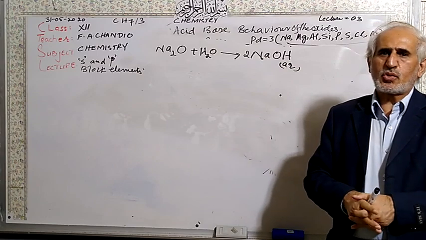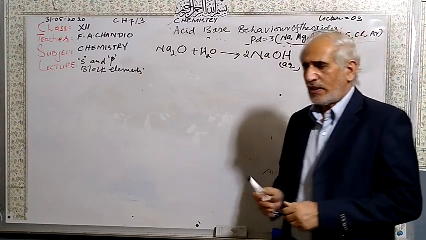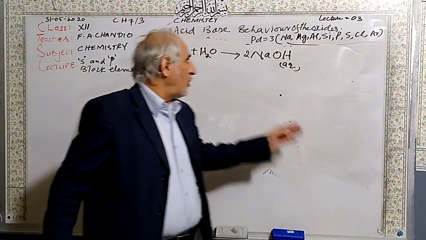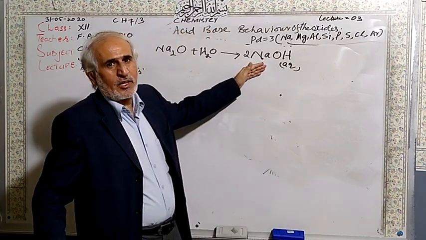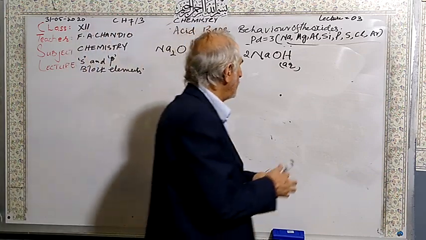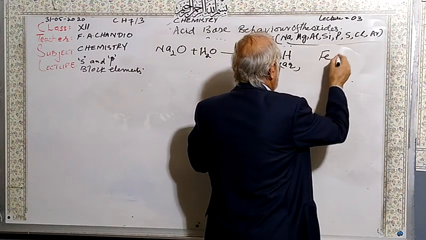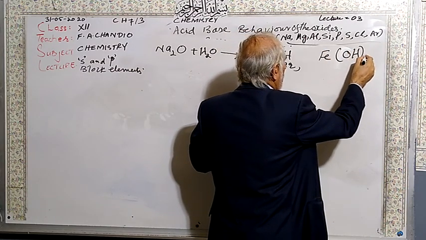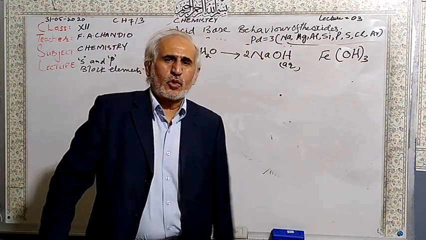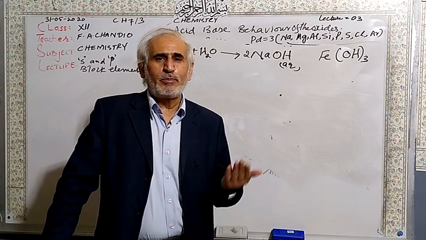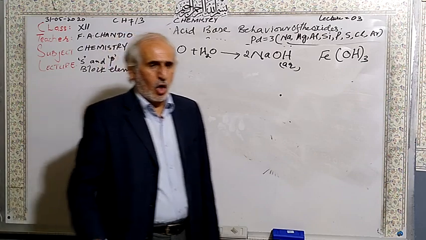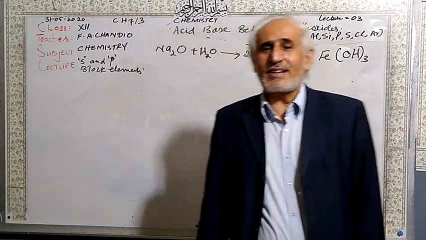Now students, there are two things. Differentiate between alkali and base. Sodium hydroxide is a base as well as an alkali. But ferric hydroxide, aluminum hydroxide, chromium hydroxide, these are only bases, not alkalis. All the alkalis are bases, but all the bases are not alkalis.